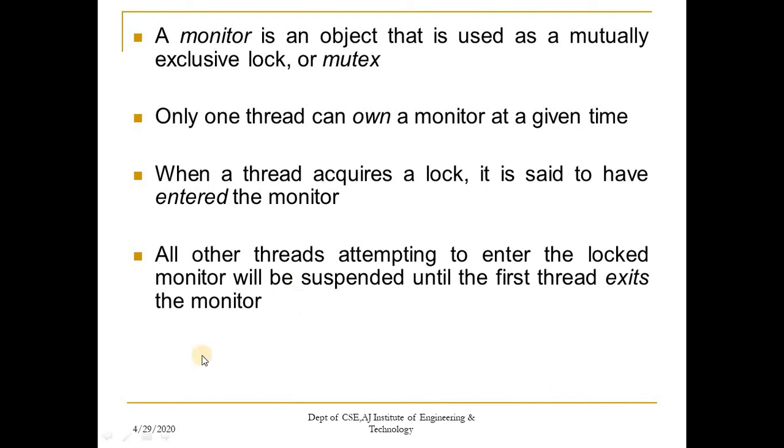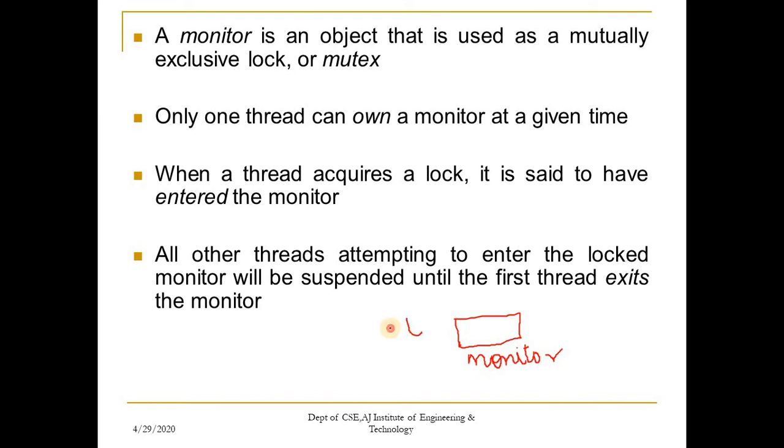So here we have something called a monitor. Only one thread can own this monitor at a given time. When a thread acquires a lock, it is said to have entered the monitor.